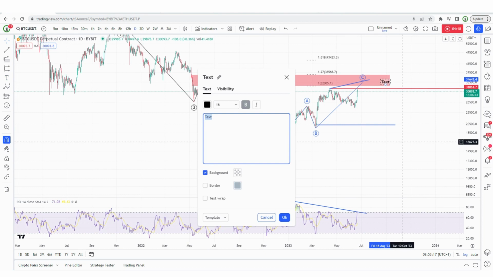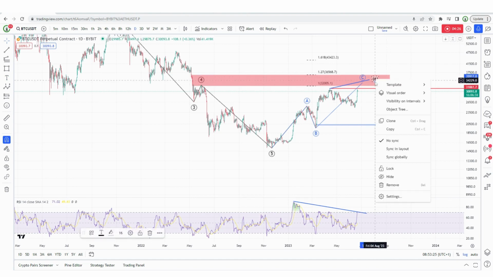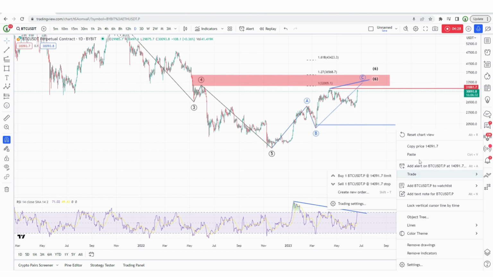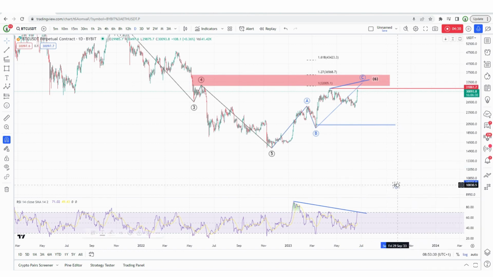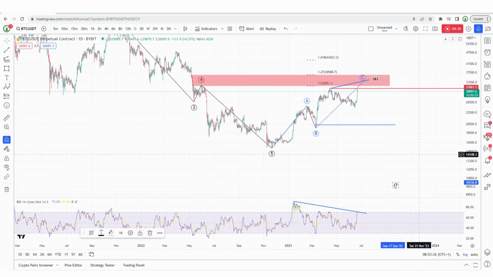So I've spoke about that before. So this would be leg 6, and down here would be leg 7. I mean, this to me looks like a very valid count.